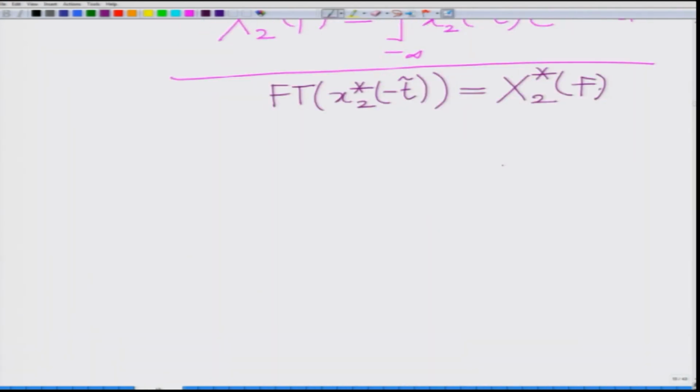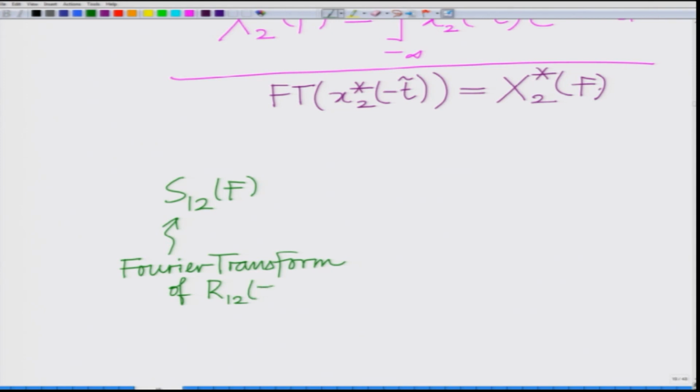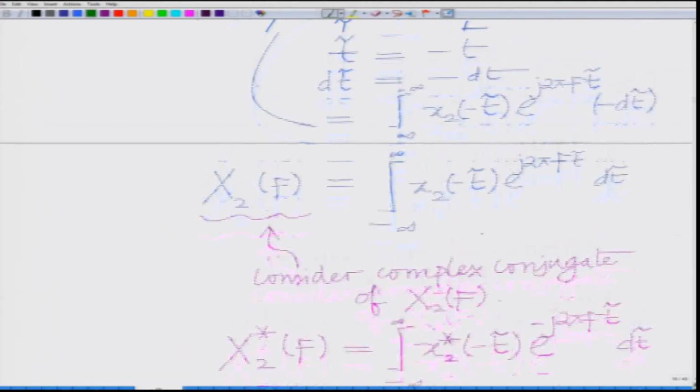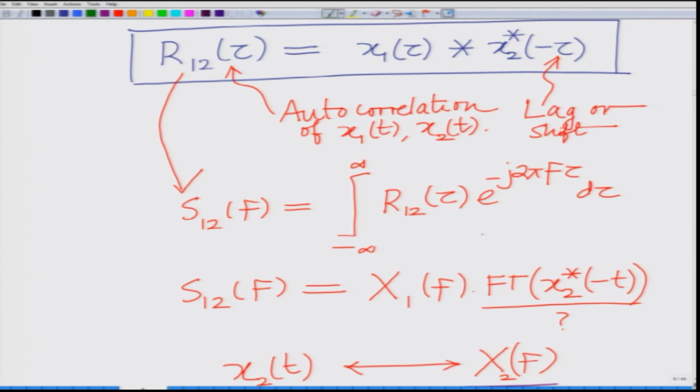Therefore, now we can write the Fourier transform S12 of f. Remember, S12 of f is the Fourier transform of your cross correlation function R12 of tau, that is x1 of f times the Fourier transform of x2 conjugate of minus tau.